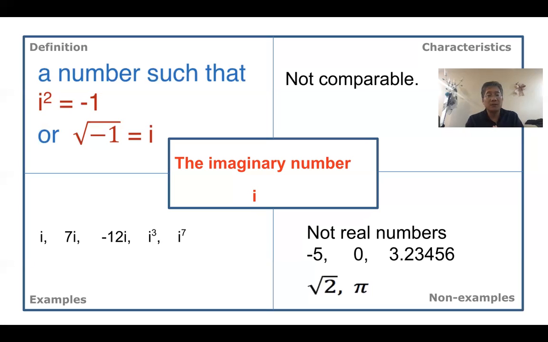Sometimes we need it. So how do you express it? As i, and then if you square it, this becomes negative 1. As a definition, i squared is negative 1, but square root of negative 1 equals i. If you put the square root of negative 1 in the calculator, what does the calculator give you?